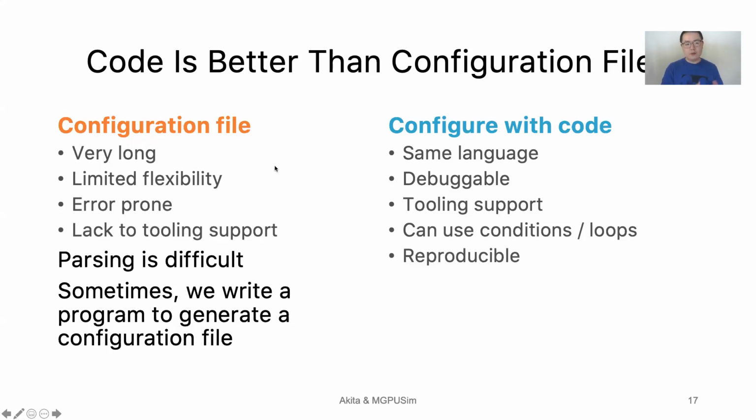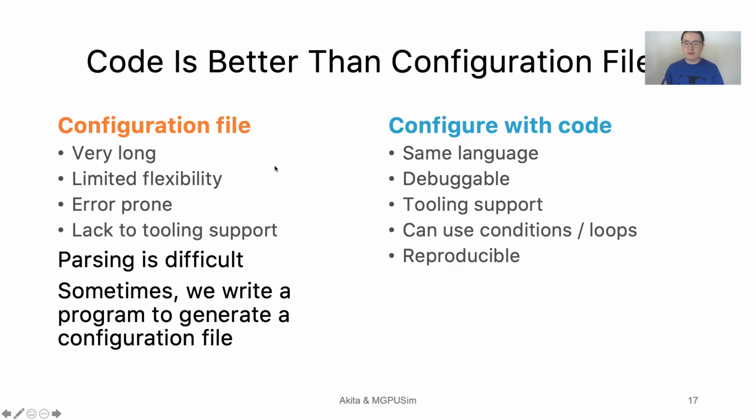People also talk about configuration files because they want to make sure the result is reproducible, so that if you ship this configuration file to another researcher, they should be able to use it to generate a similar result. But what if the simulator evolves to a next version while the configuration file is designed for the previous version? We may still get a different result.